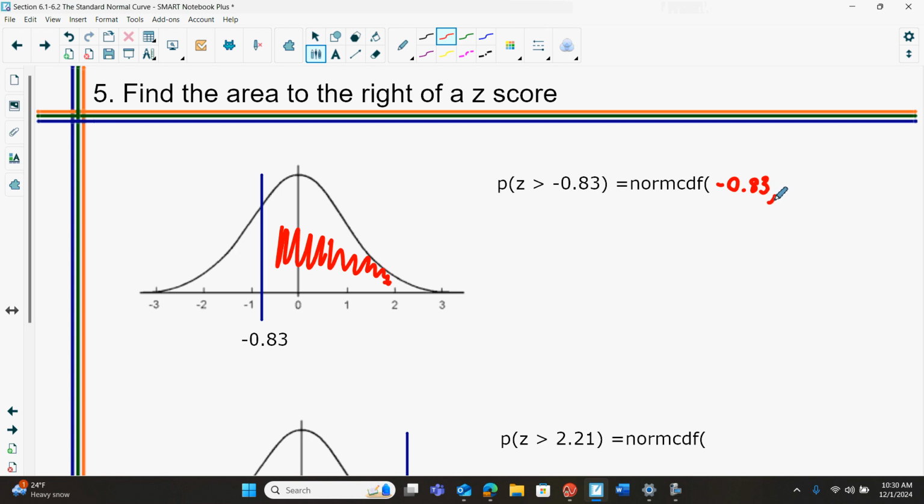What are we going to do for the upper bound? Again, the curve continues on and on forever, so you have to represent it. It's very simple. Instead of negative 9E999, we're going to put positive 9E999, and then 0 for mean, 1 for standard deviation.